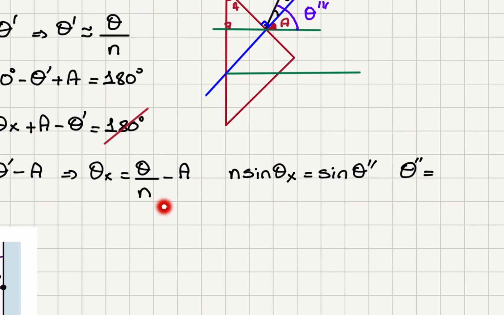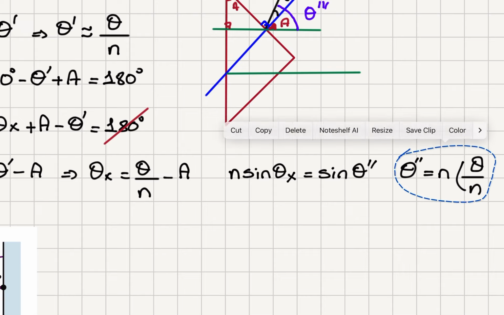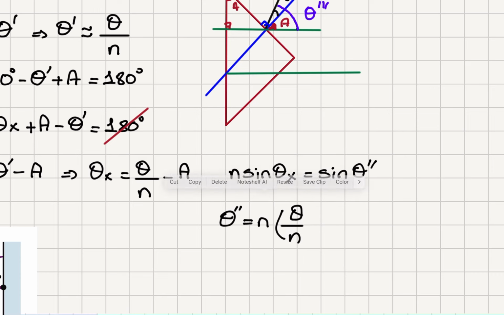But theta x is theta over n minus A. So it's n times theta over n minus A. So I find that theta double prime is equal to theta minus n times A.